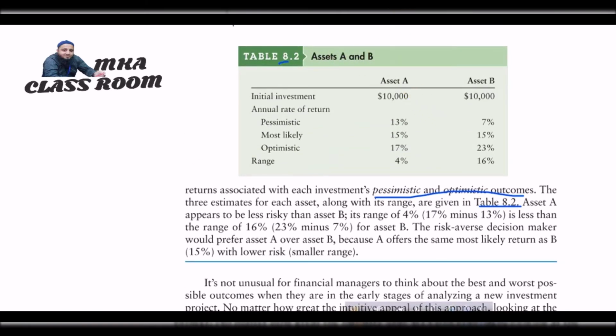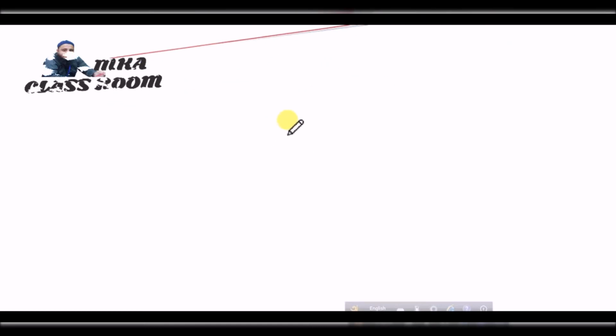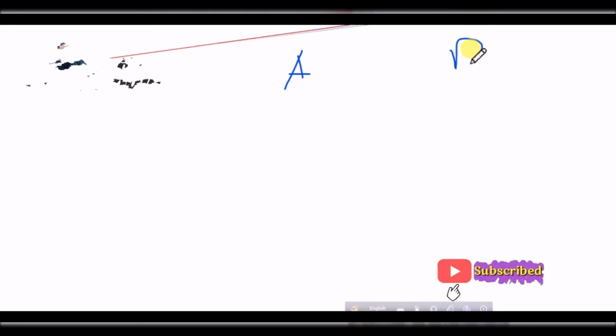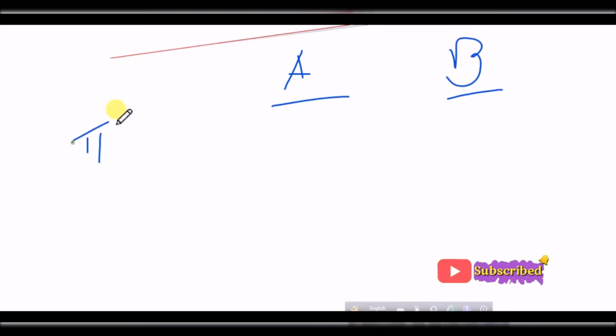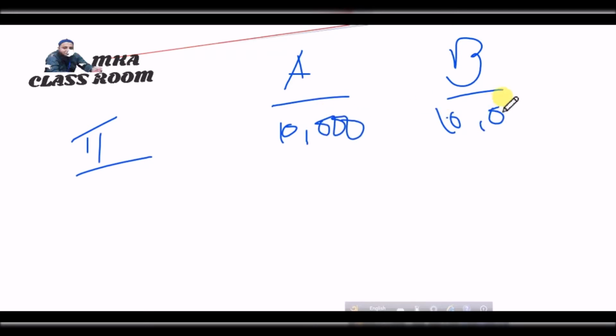So here we will see two investment options, one is A, another is B. The initial investment of these two investments is 10,000, one is 10,000, another is also 10,000 taka.